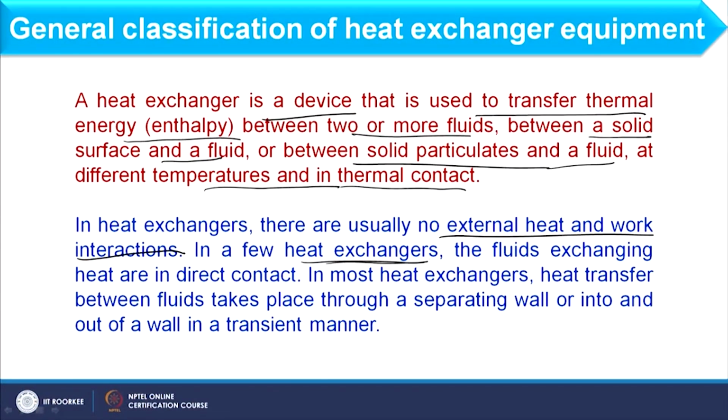In a few heat exchangers, fluids exchanging heat are in direct contact. We will see in subsequent slides what direct contact and indirect contact are, and discuss them in detail. In most heat exchangers, heat transfer between fluids takes place through a separating wall, or into and out of the wall in a transient manner.